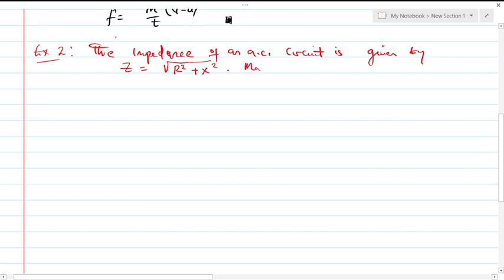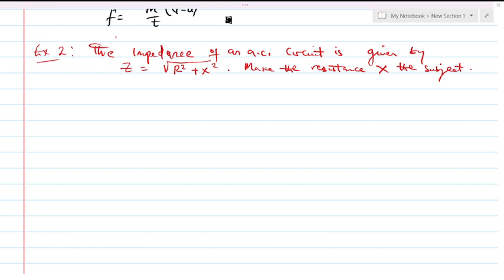Make the reactance X the subject. Alright, this is a simple question. Let's see how the solution goes.